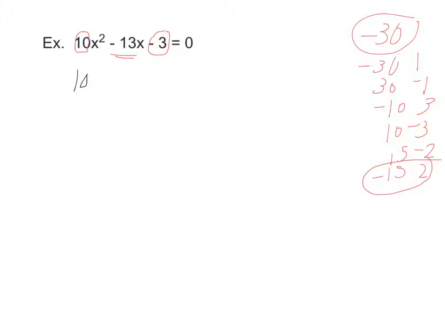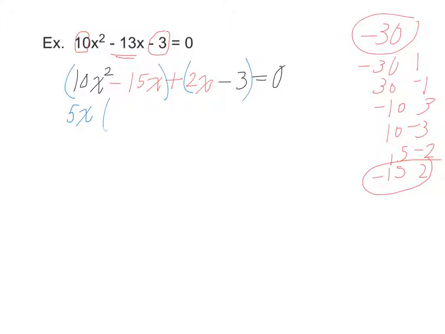I'll rewrite the problem now, but instead of writing negative 13, I'll put negative 15x plus 2x in its place. This is going to set up factoring by grouping, looking for what's in common between these two separate groups. The first group has a 5x in common. The second group really has nothing in common.